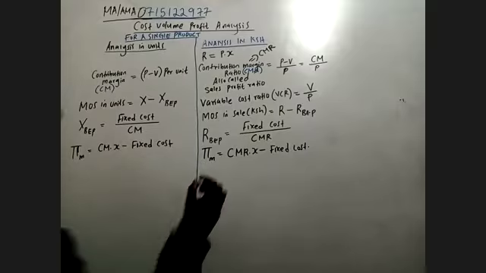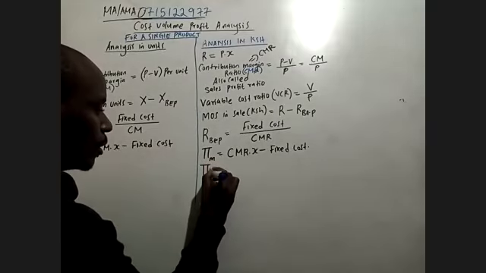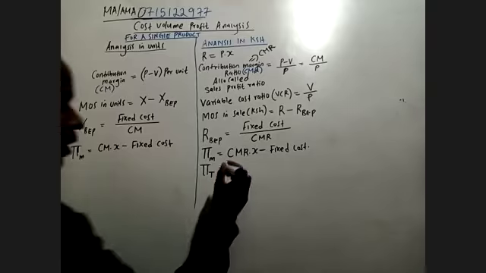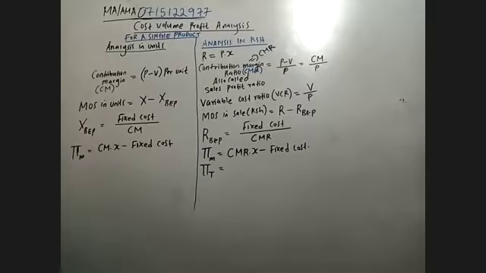Targeted profit. Now to get targeted profit, itakuwa ni CMR, itakuwa kama hiyo ya juu.